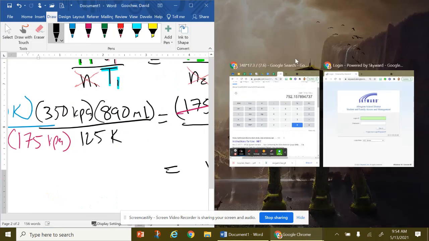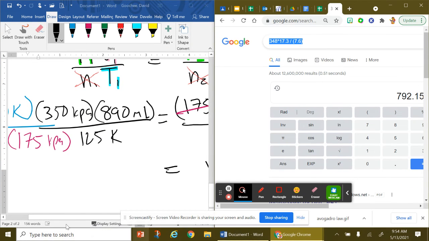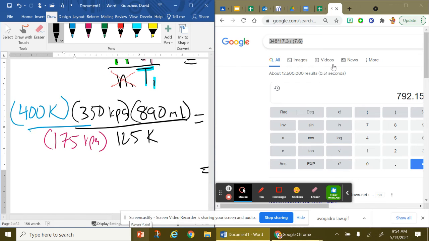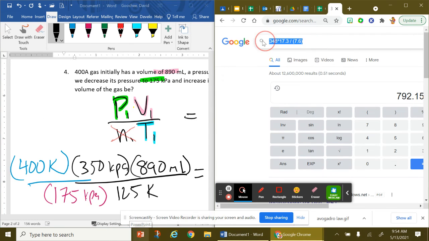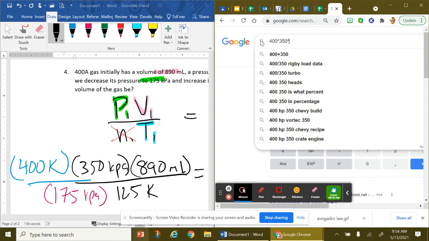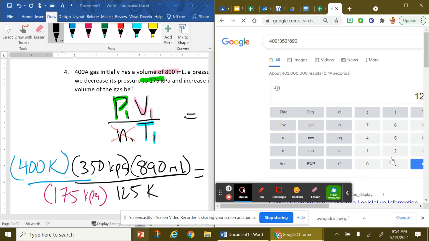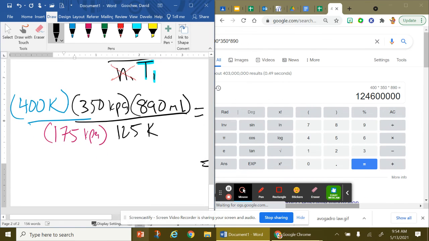Let me just double check this here. I'm going to do this in 2 steps so that I don't make an error. On the top, we have 400 times 350 times 890. So on the top, we get a big number, 124600000.